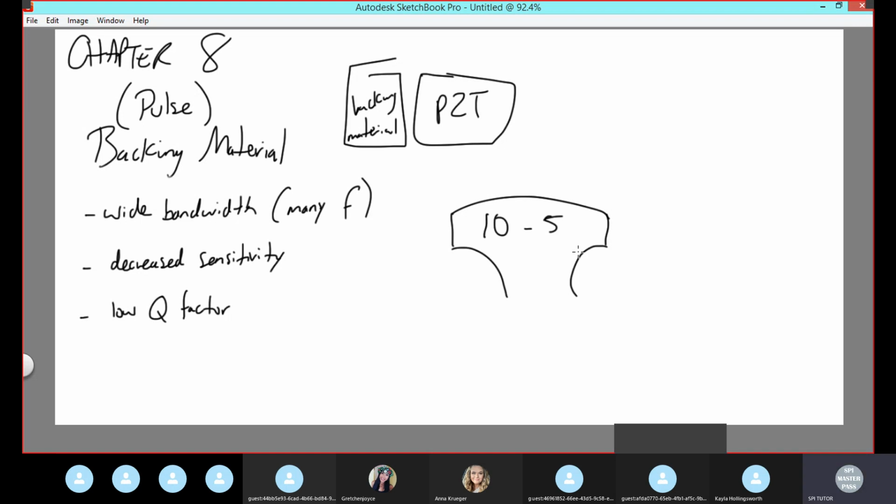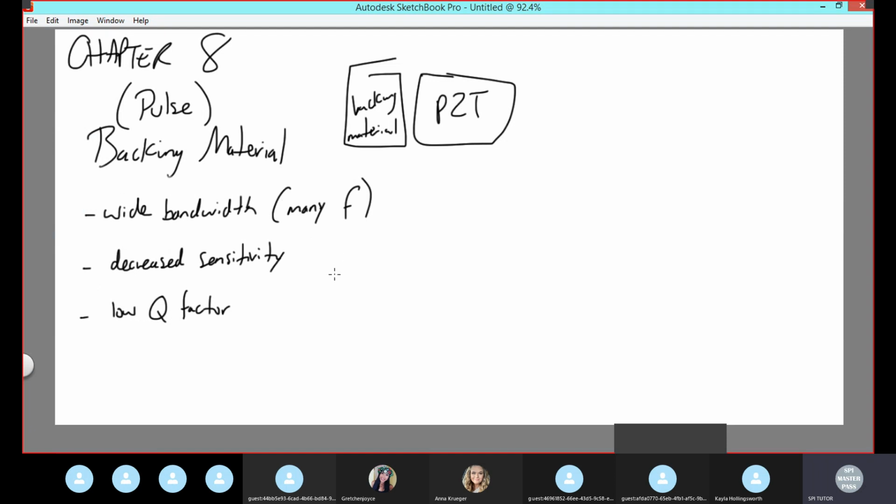For instance, a curved linear, I believe, goes from 10 down to 5, meaning that it can go as high as 10 megahertz or as low as 5 megahertz and everything in between. Those are many frequencies. Anything that's imaging has many frequencies to choose from. That's a wide bandwidth.